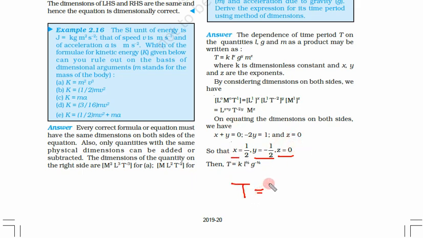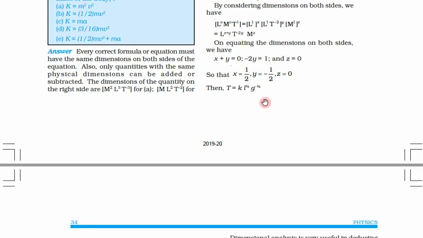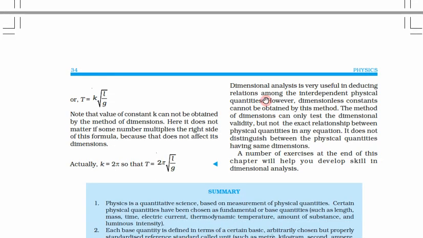So what we get? T equals k, the constant, times L to the power 1 by 2 and g to the power minus 1 by 2. M is gone because m has 0 power. This is the formula that we have got from dimensional analysis: k L^(1/2) g^(-1/2).